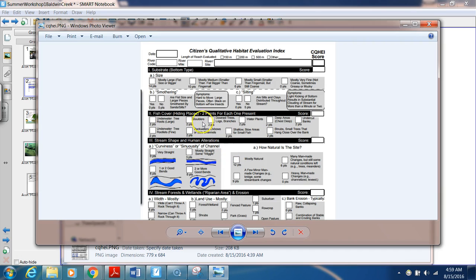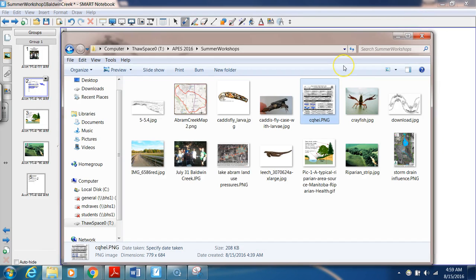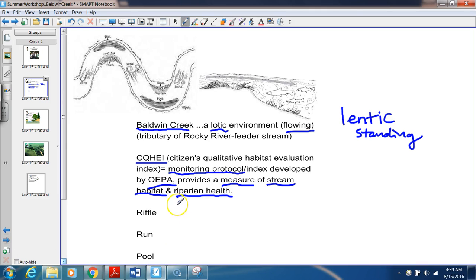We needed to look for fish cover, the shape of the stream, if it had been altered, and basically what you get are points associated with certain characteristics, and at the end of the CQHEI you actually add it up and you get a score, and that score is what you could classify the stream as a high quality stream, low quality stream, and so on.